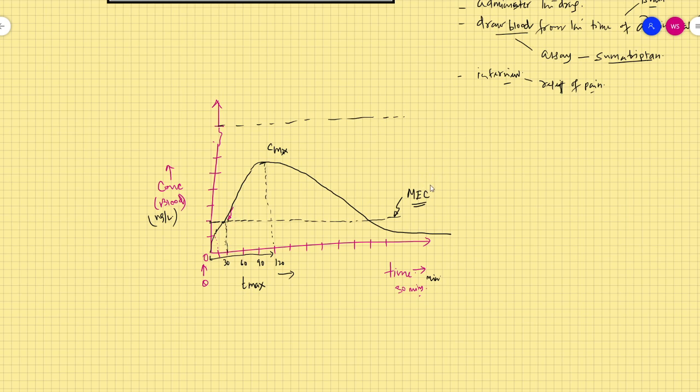For the patient to find relief of pain, it should pass a threshold, and that threshold is called minimum effective concentration. Only if the drug concentration is above MEC would the patient feel relief from pain. All the concentrations below MEC are called subtherapeutic.